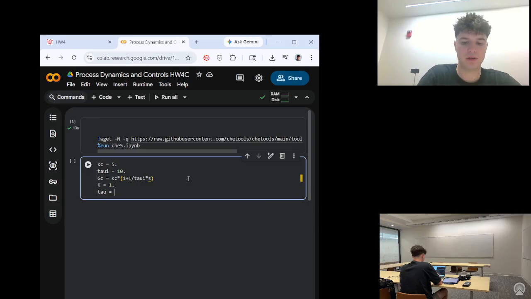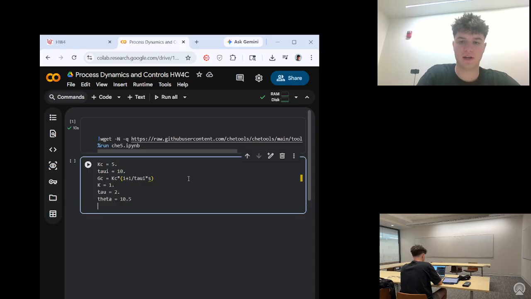Tau is going to be equal to 2. And theta is going to be equal to 10.5.